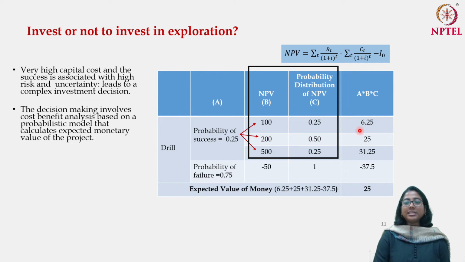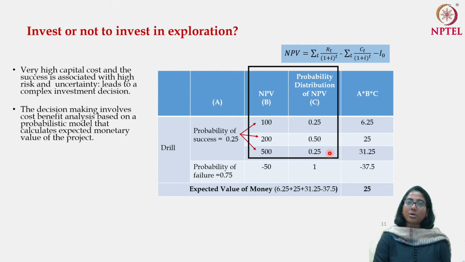However, if you look at this, the number is not actually representing 100 multiplied by 0.25. This is 100 multiplied by 0.25 multiplied by 0.25. Because when I am talking about the expected net present value, this is contingent upon the fact that there is a success.